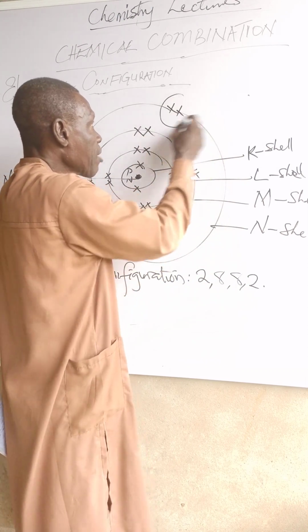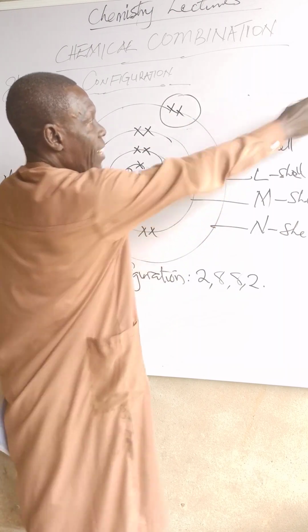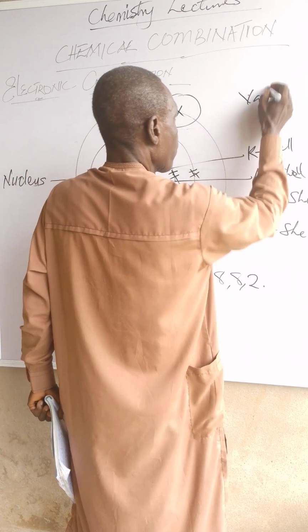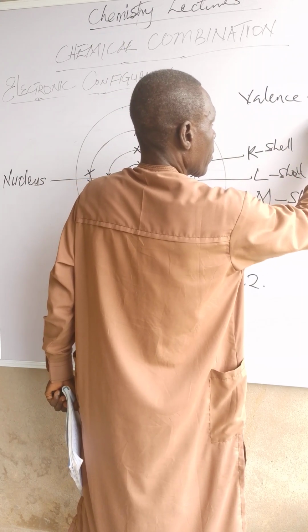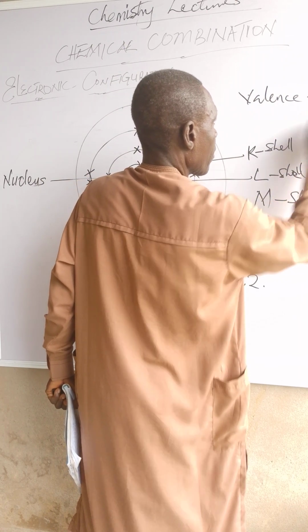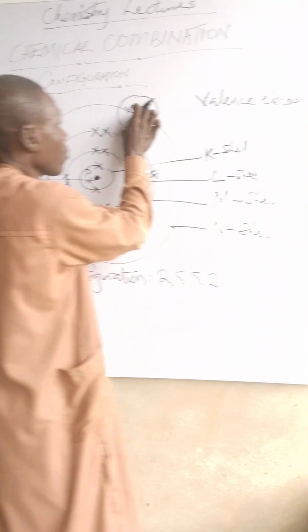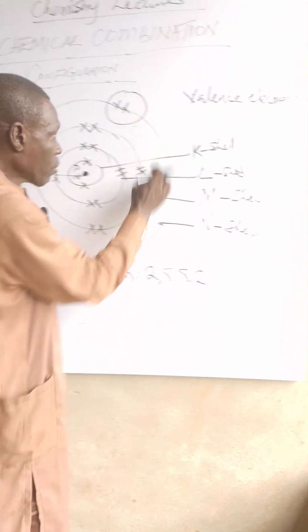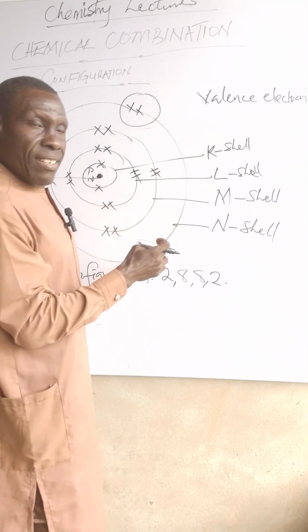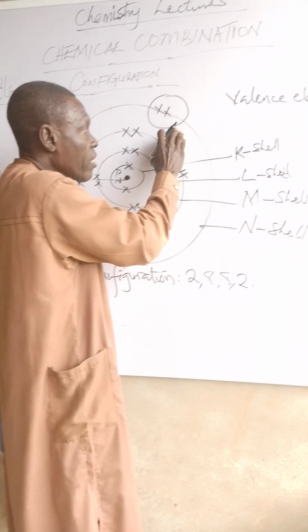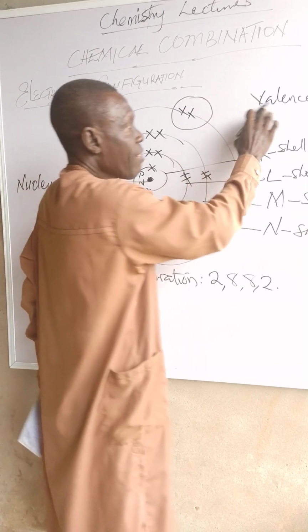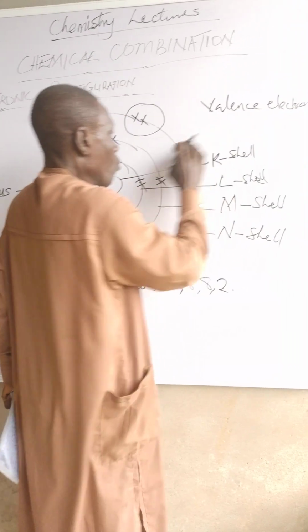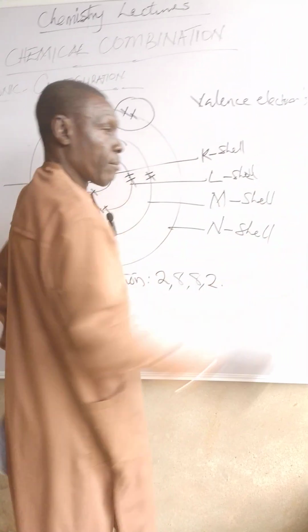These electrons we are seeing there are what we call the valence electrons. These two are called the valence electrons because this is the outermost shell. So the electrons occupying this outermost shell are the valence electrons.